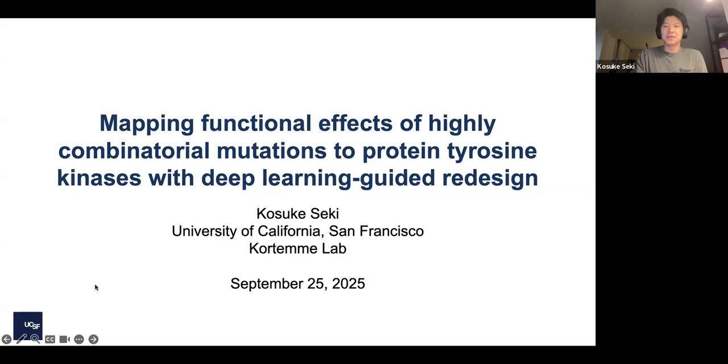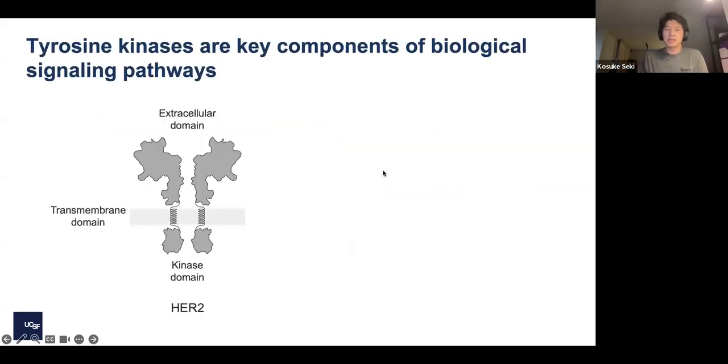As the title mentions, I'm really interested in these proteins called protein tyrosine kinases. These are really important in biology in general. Here I'm showing you an example of a protein tyrosine kinase called HER2. HER2 is a really important receptor tyrosine kinase.